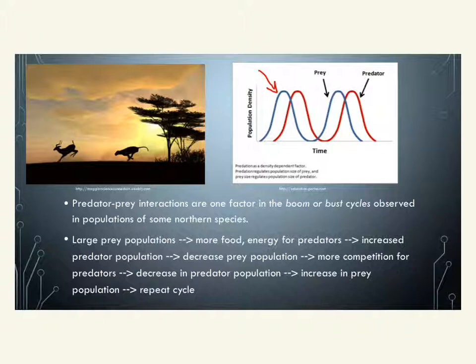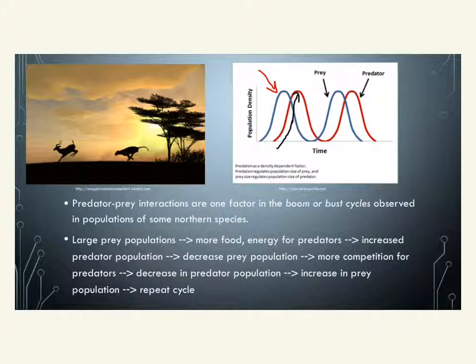And if we have a large prey population, that would mean that we would have more food and energy for predators. We're going to see that the predator, represented by the red, is going to follow shortly after the prey goes up, because it's got all that food and energy available.